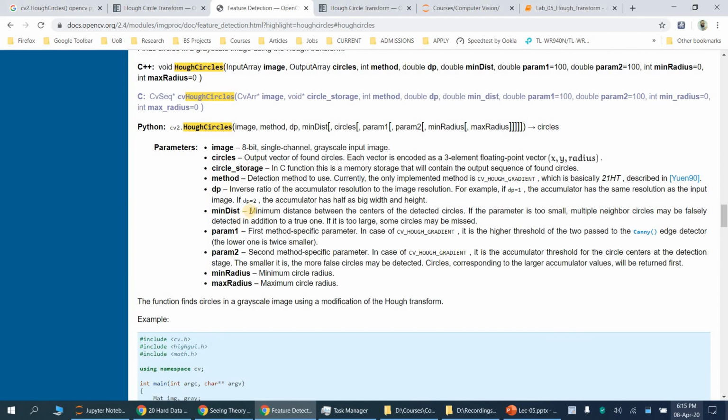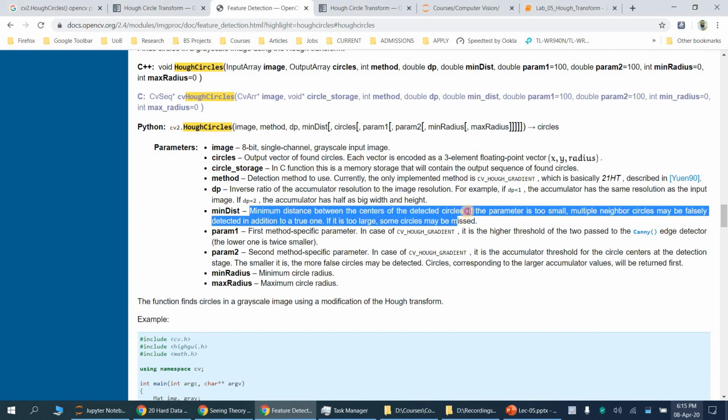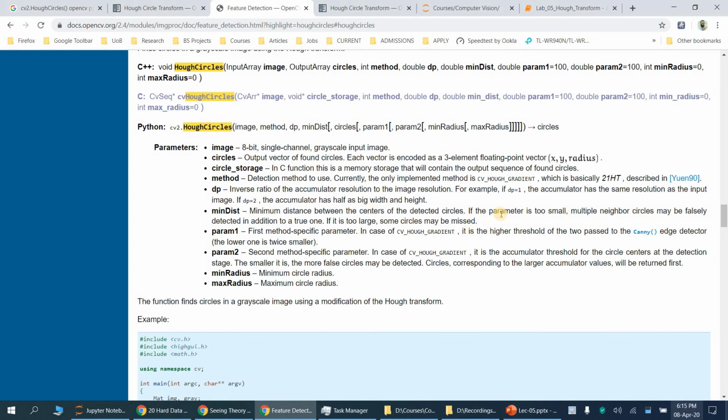And then we have the minimum distance between the centers of the detected circles. If the parameter is too small, multiple neighbor circles may be falsely detected in addition to a true circle.